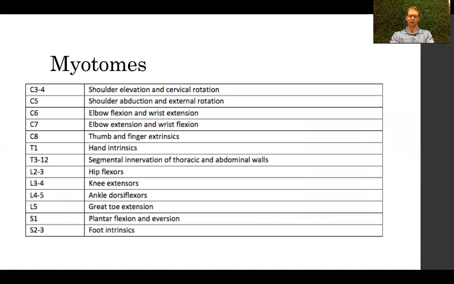Since we mentioned the nerve root compression, we talked about dermatomes and also myotomes. The myotomes of the lower extremity: L2-3 is your hip flexors, L3-4 is knee extensors, so your quad, L4-5 is your ankle dorsiflexion, L5 is great toe extension.